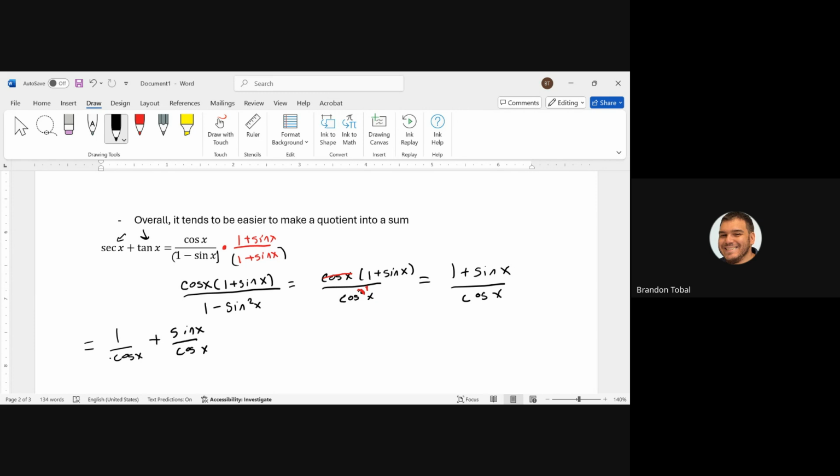Well, lucky for me, cosine, when I move it to the top, becomes secant. That's secant x. And sine over cos is tan x. And now that matches what I had. This question is a good example that you could technically have done it either way. I'm not going to do it both ways, but you could technically have done it either way.